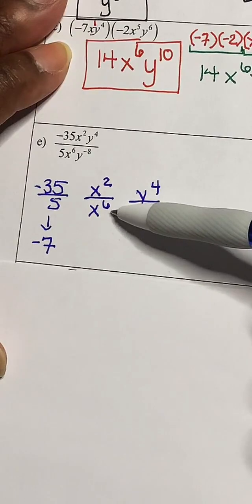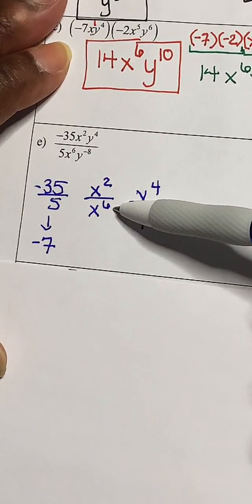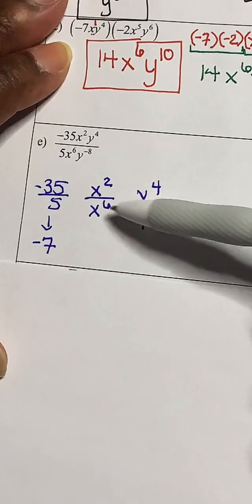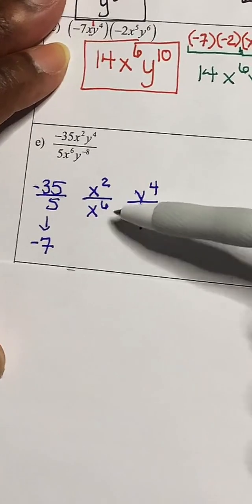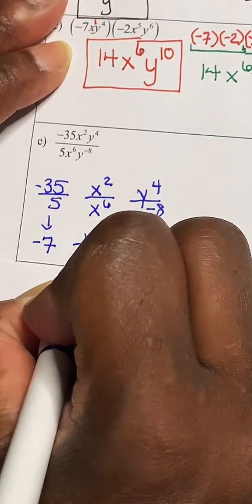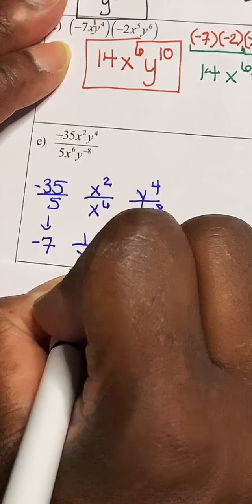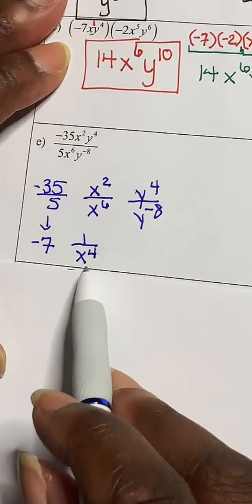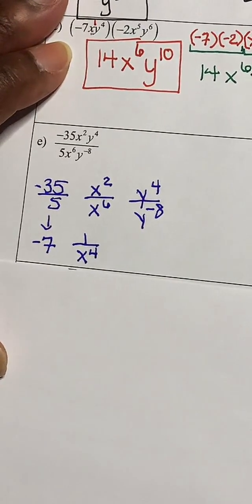I know I have 6 x's down here that's multiplying. If I do the subtraction, I'm going to get 4 x's that's left over in the denominator. So why not keep it in the denominator?